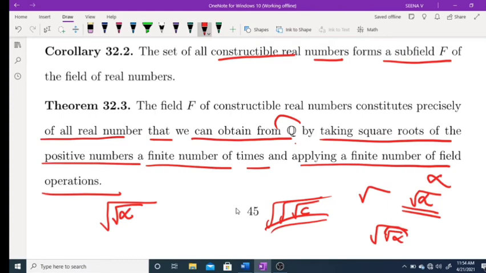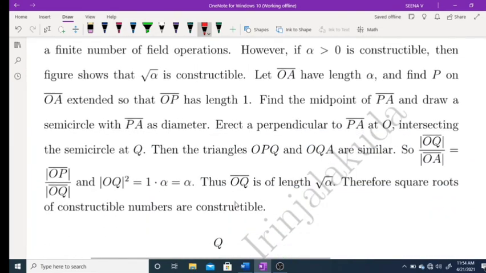So if you apply this property, every constructible number is actually obtained from Q by taking square roots of a positive number a finite number of times and applying a finite number of field operations.